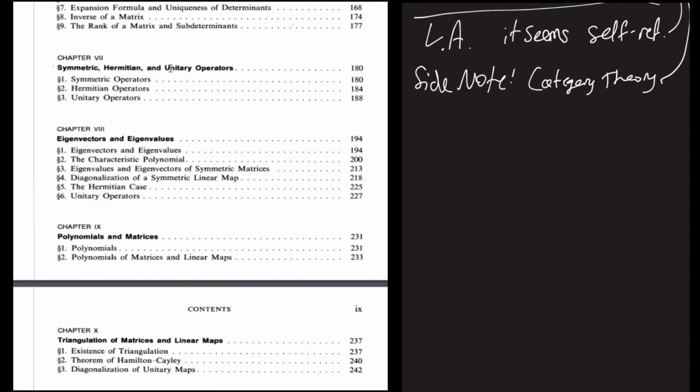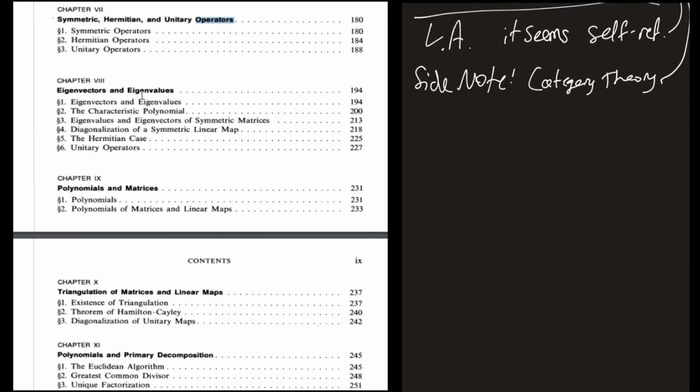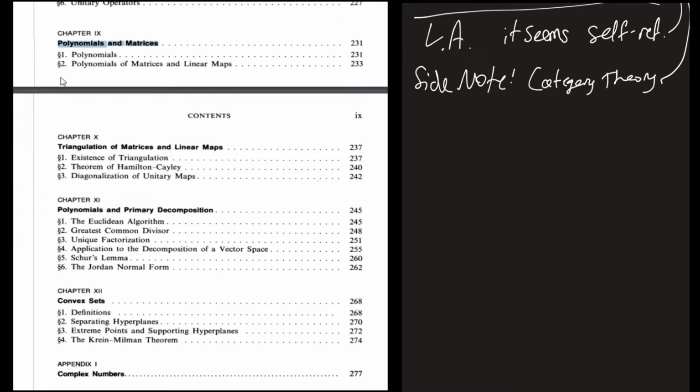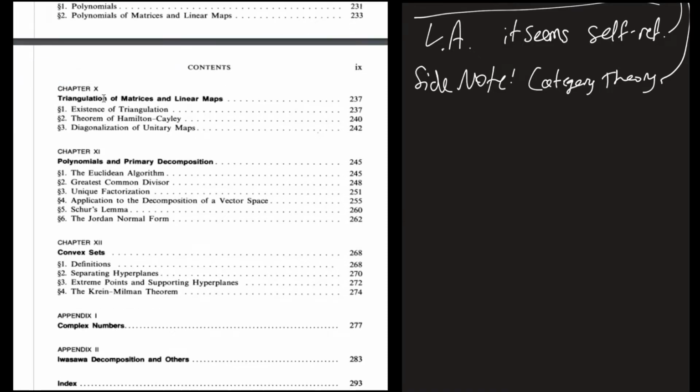Symmetric, Hermitian, I can't remember how to say that. Symmetric, Hermitian and unitary operators. Okay, operators are useful in functional analysis, if I'm correct. I'll have to look that up. And then eigenvectors and eigenvalues, super good. Of course, remember those. Polynomials and matrices.